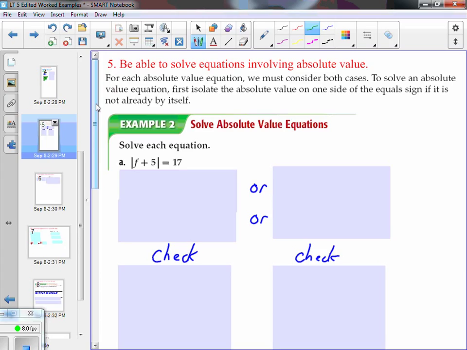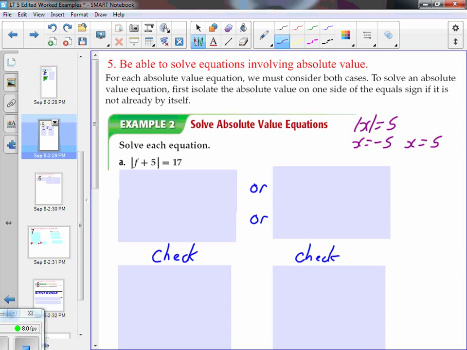In this first example, the absolute value is the only thing on the left side of the equation. Like we did a minute ago, when we had the absolute value of x equals 5, we said there were two solutions, negative 5 and positive 5.